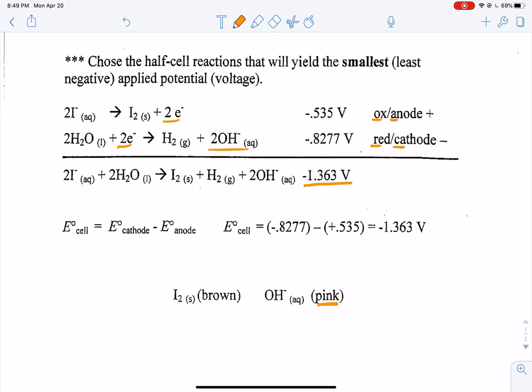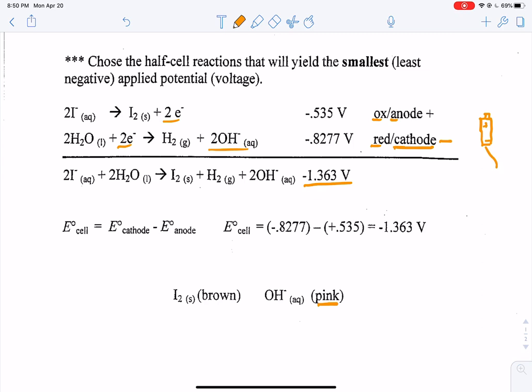And so what you need to happen then is you would have to hook up the negative post of your power supply to a platinum or inert electrode, which we'll call the cathode. And because it's hooked up to the negative post of the battery, if we make this our battery, let's say here's the positive post, let's make it look a little more like a battery. So here's the positive and here's the negative.